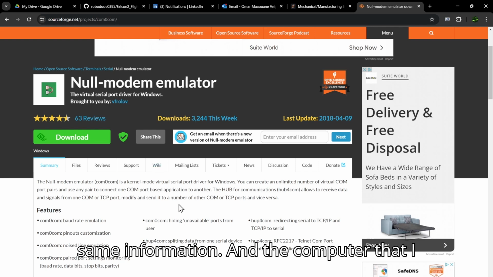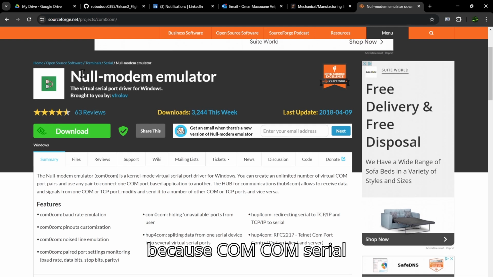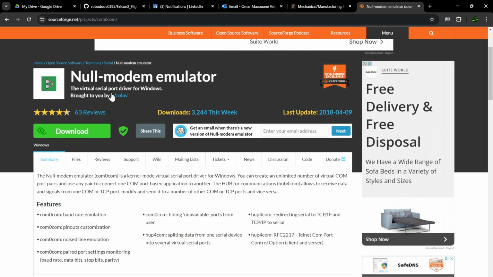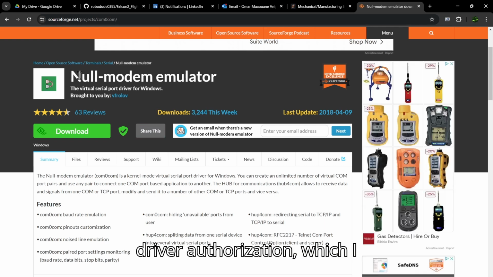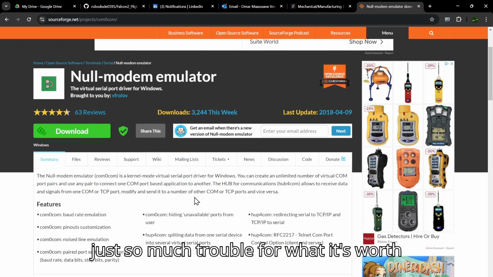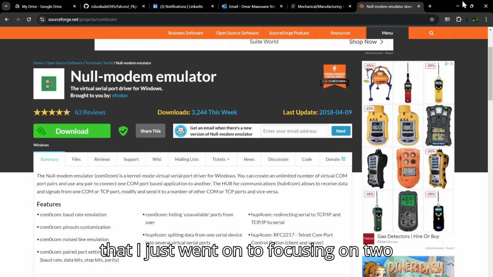The computer that I run this on is Windows, and because com0com doesn't come from a verified source, Windows does not allow installing the drivers without disabling driver authorization, which I really do not want to do because it's so much trouble for what it's worth. So I went on to focus on two other things.